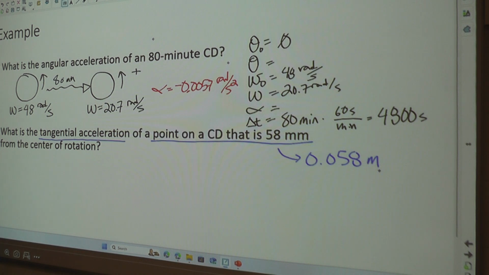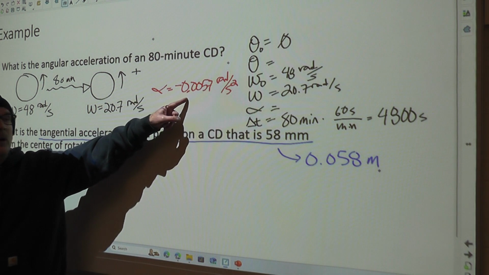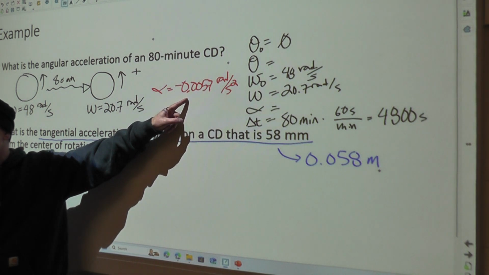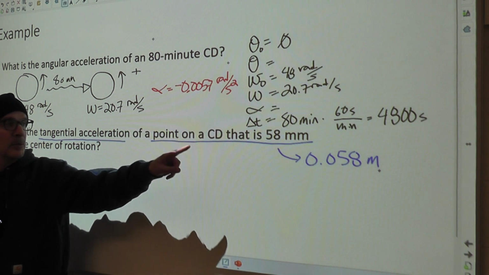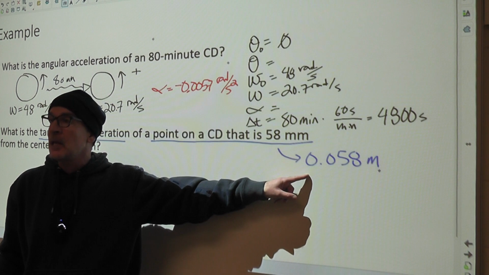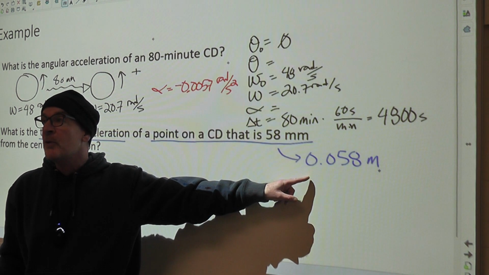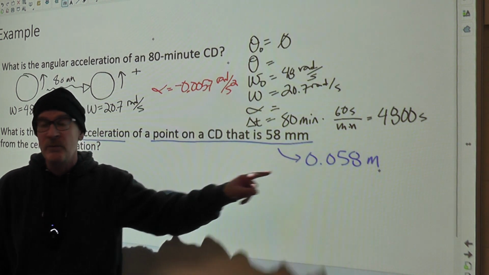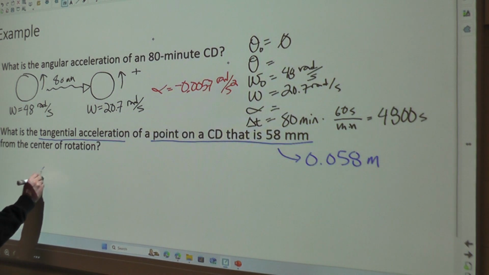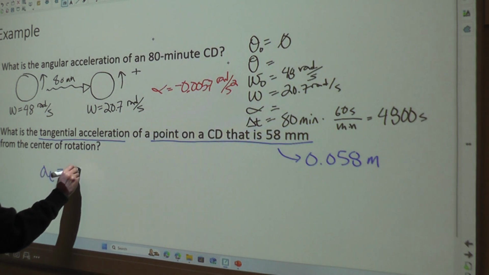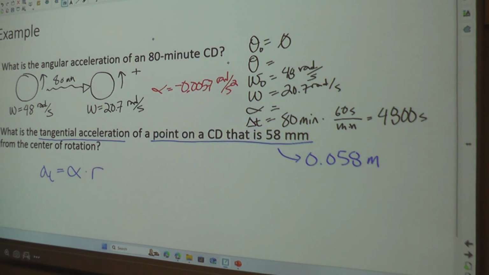This is merely a matter of switching from the angular realm, where the acceleration is the same everywhere on the disk, to the linear realm, where the acceleration will be greater the farther away you are from the center of rotation. Tangential acceleration is going to be equal to alpha times r.